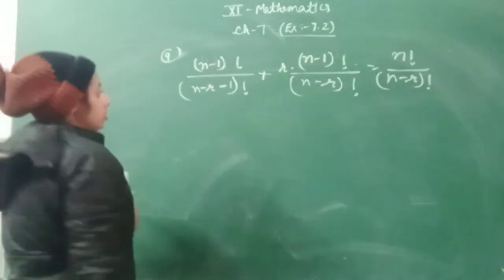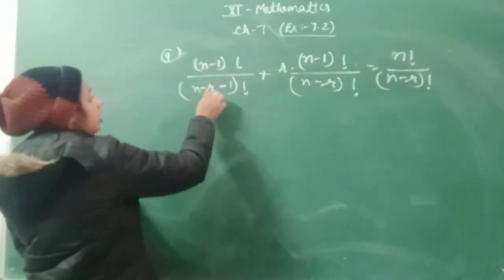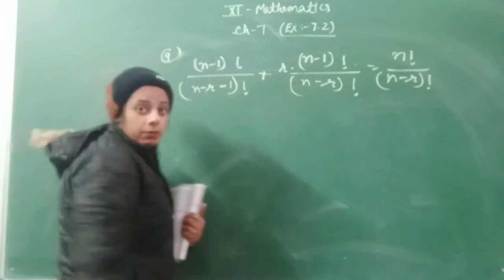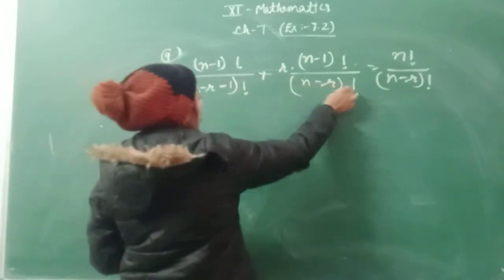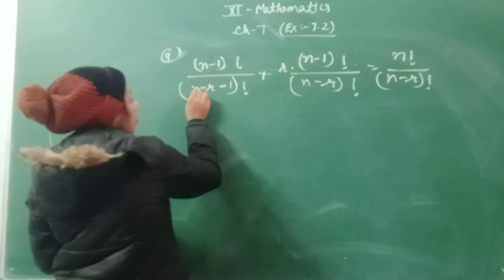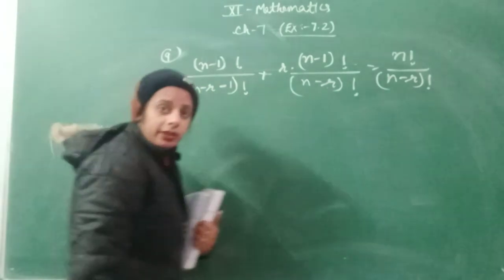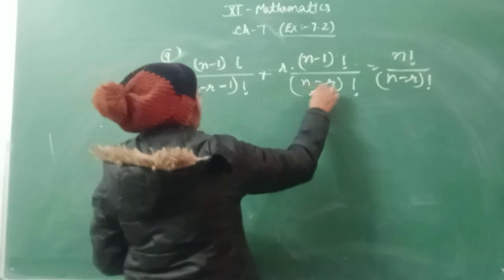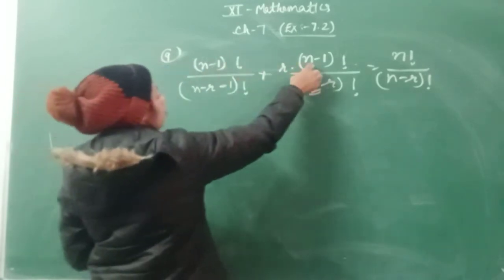Clear? These two are not comparable, but these terms are comparable. This is the factorial of n minus r and this is the factorial of n minus r minus 1. Which is the greater one, so that I can sort out that factorial. So this is the greater, and both these terms are the same.